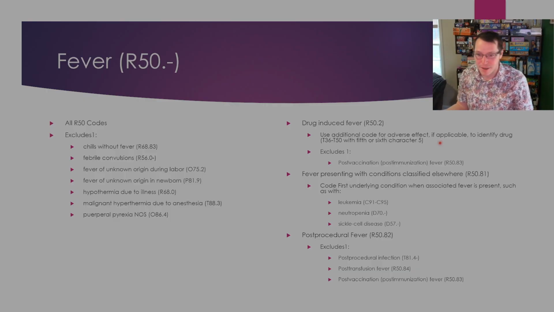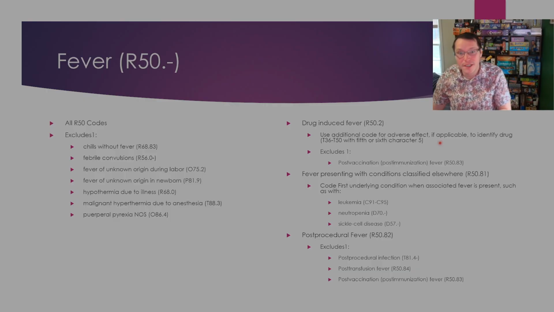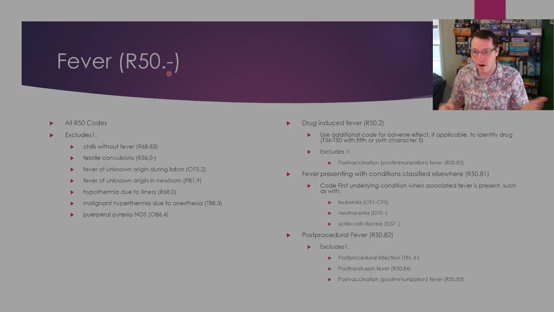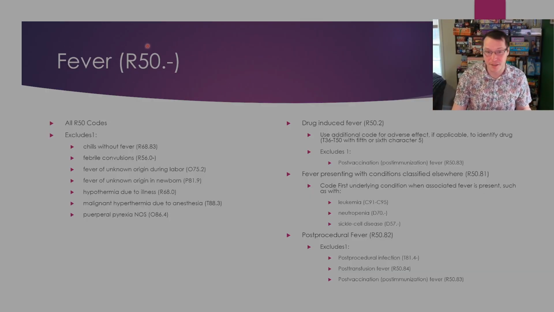So for example, if someone ends up being diagnosed with COVID, obviously they're going to have a fever, so it's silly to have an R50 code on it. So the exclusion list is actually even longer than some of these, but this is just the most important ones to consider, but also always consider that caveat when we're dealing with R codes.